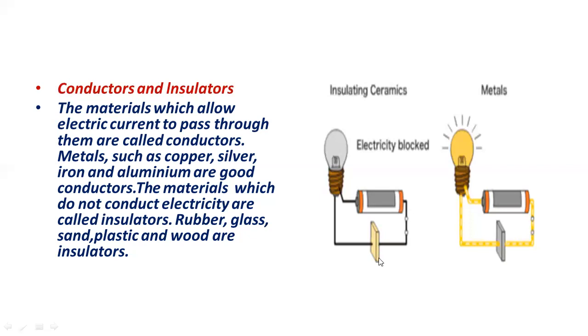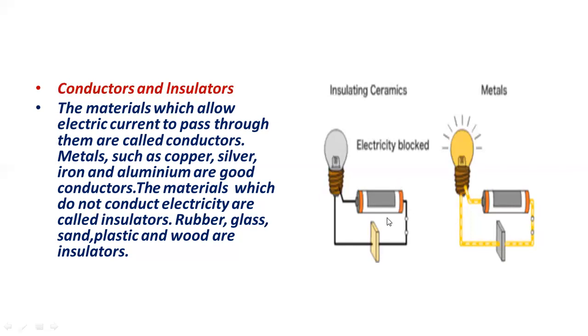If we use the metallic slab in an electric circuit, you can see that the circuit is completed, because this material will allow the current to pass through it. The current will flow from one pole of the battery to the other, the circuit is a complete circuit, and the bulb will light up.